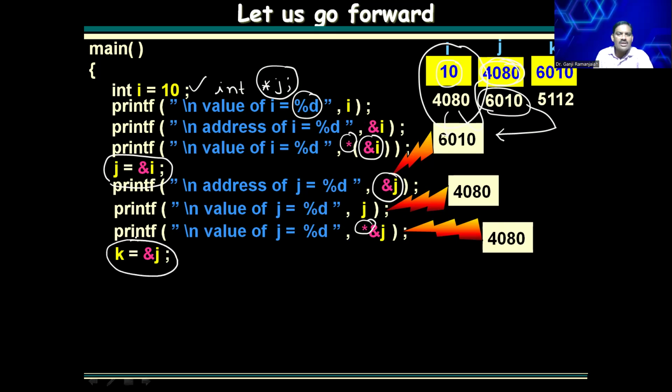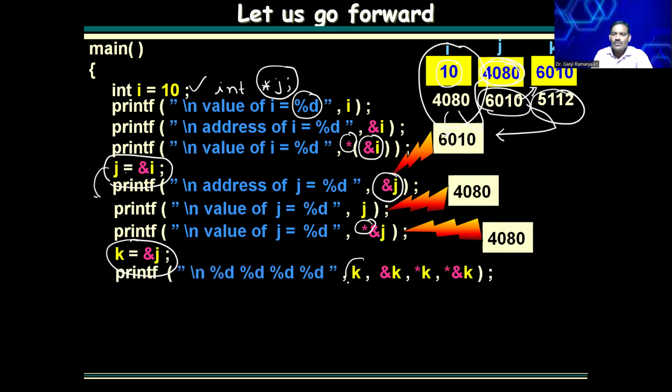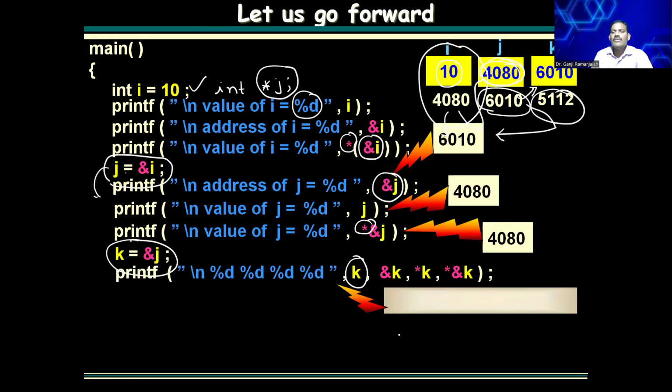K is equal to, once again we go for one more variable. K is equal to ampersand J, that is the address of J. See this. What is K? 6010. What is ampersand K? 5112. What is star K? What is star?